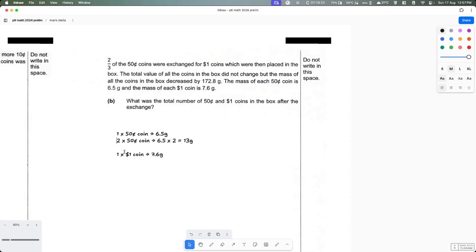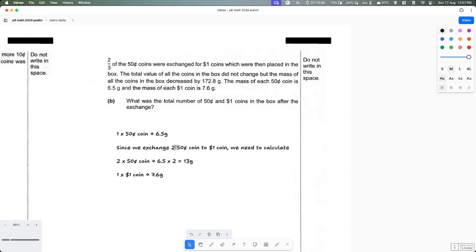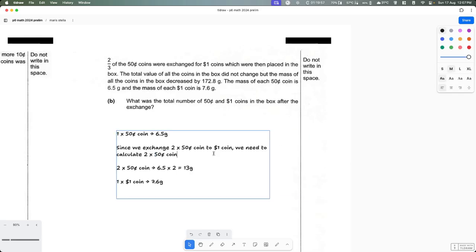Since we exchange two 50-cent coins for one $1 coin, we need to calculate the weight of 2 times 50-cent coins. Over here we have that.